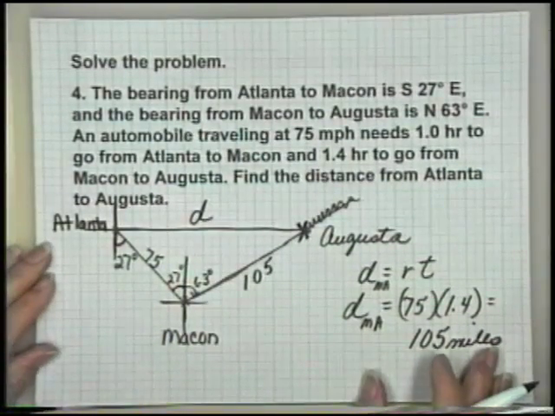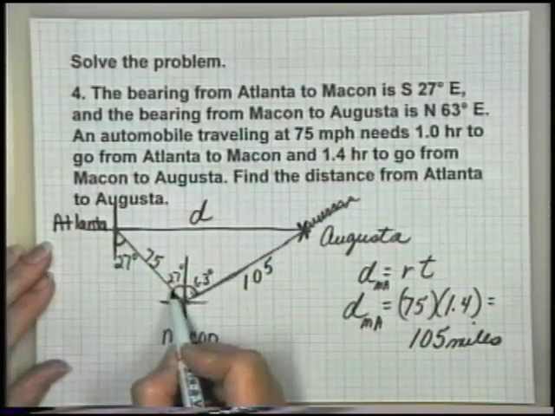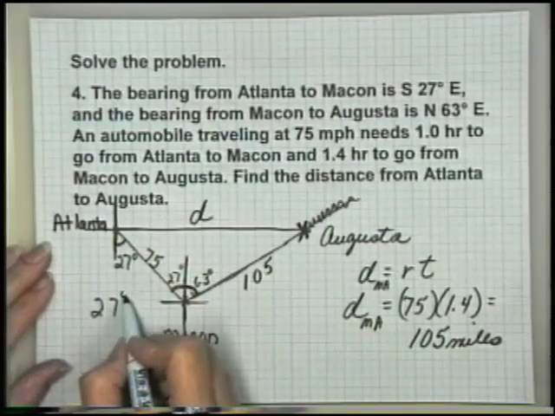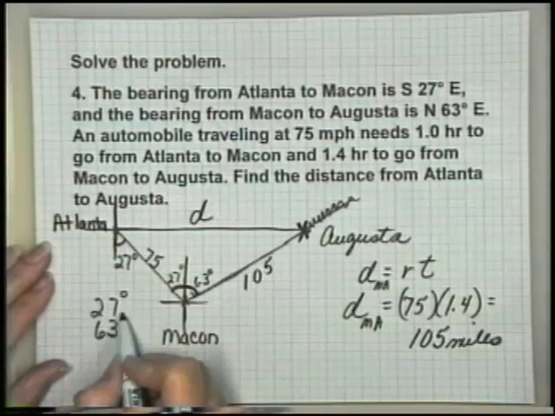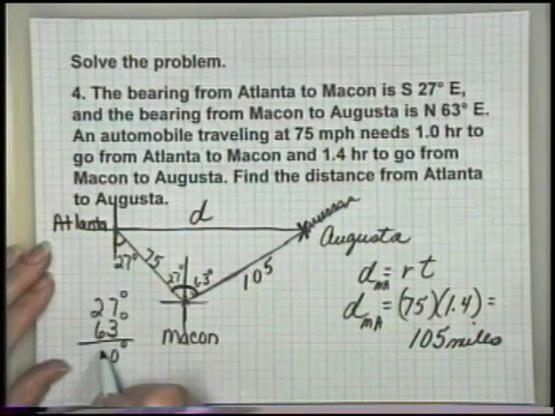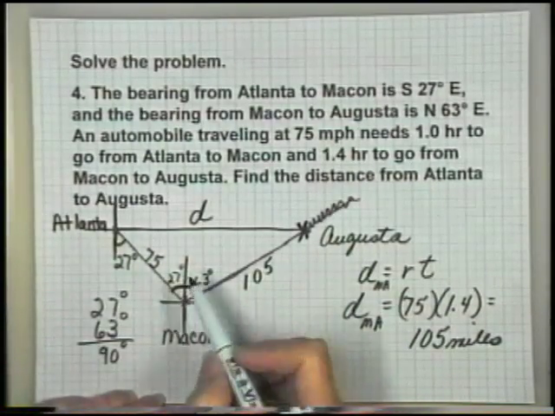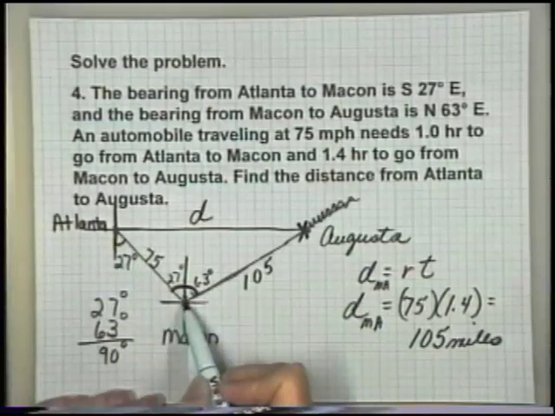So that angle is 27 degrees. So what's the measure of this angle? Well, take your 27 and your 63 and add it, and sure enough, it's 90 degrees. So we have a right angle.